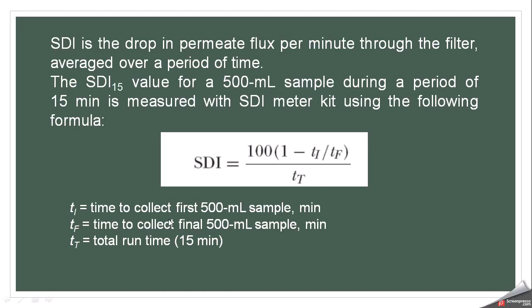So Tf is the time to collect the final 500 ml sample, and capital T is the total run time, 15 minutes. If we do this experiment for 10 minutes, then the total run time will be 10, and we use 10 here. And if we use 5 minutes, then this is 5. This is the formula which is used to measure the SDI.